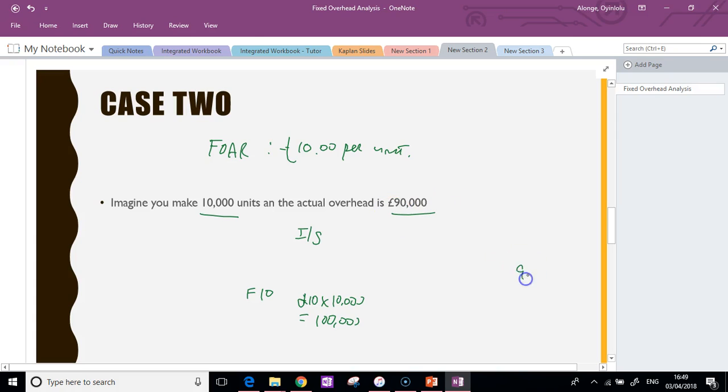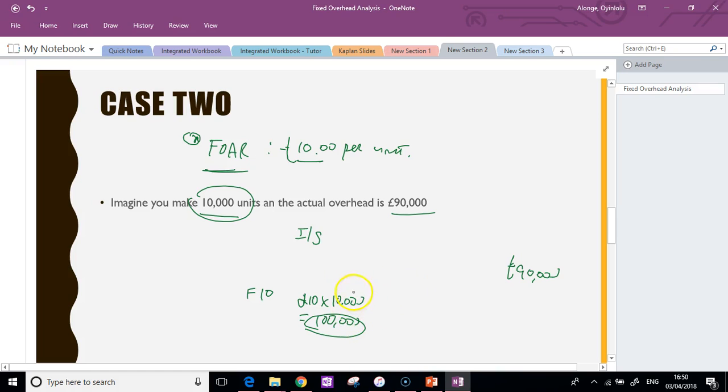So the actual rent was £90,000. But you made 10,000 units, and because you're using this system that we started because we're trying to absorb everything, we have attached this £10. Our income statement currently has a cost of £100,000 in there.